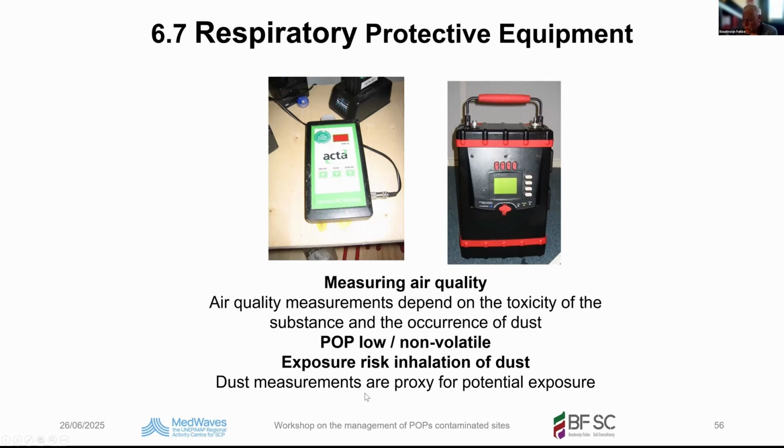So the dust measurements are the proxy for the potential exposure to POPs, because POPs are low or non-volatile, and they are mostly on the small particles of the soil, which easily become airborne, and thus the risk of inhalation. So dust protection, a dust mask, is the most important aspect when you work with POPs pesticide remediation of soil.